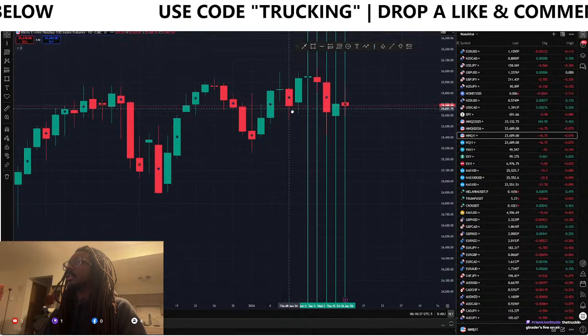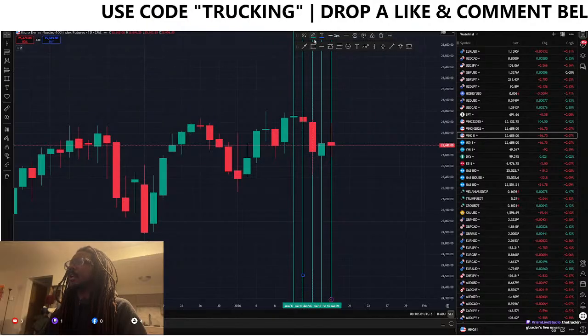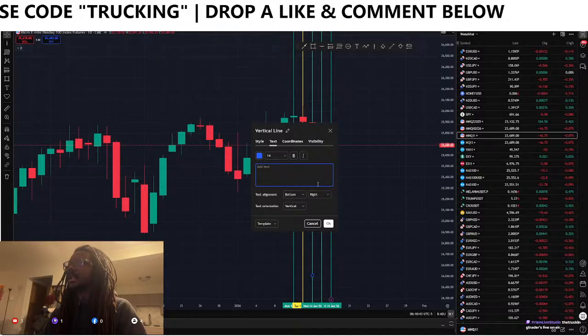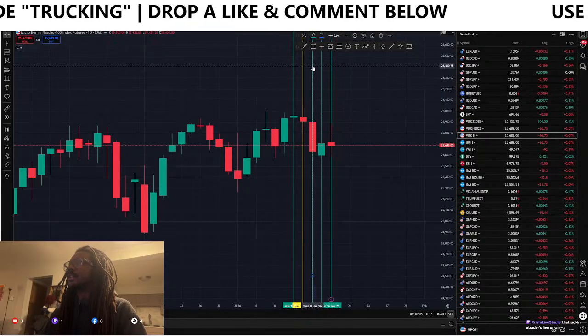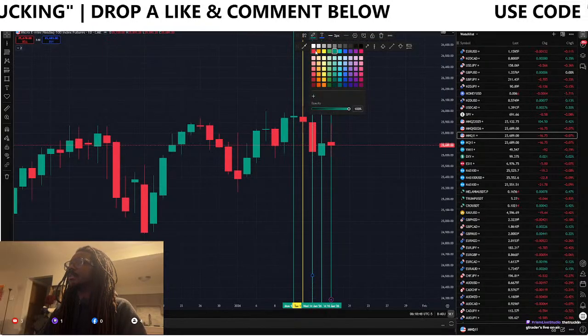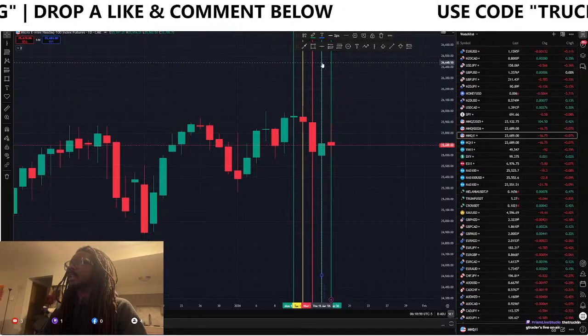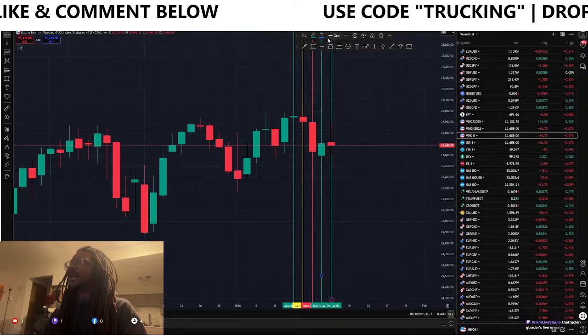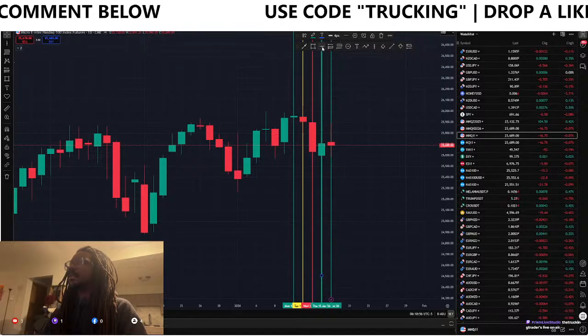Then I'm going to change these lines. And this is pretty much how I back test. I'm not saying this is the best way to do it or anything like that, but this is just a way that I do it. So I change these colors so that I can know where I'm at. We can even make these a little bit thicker.